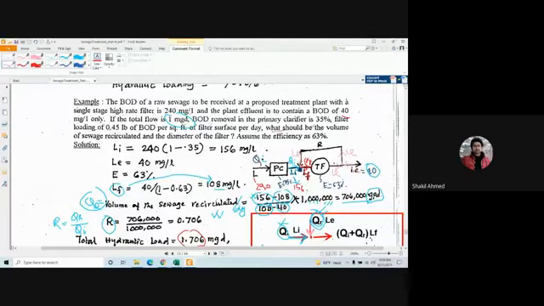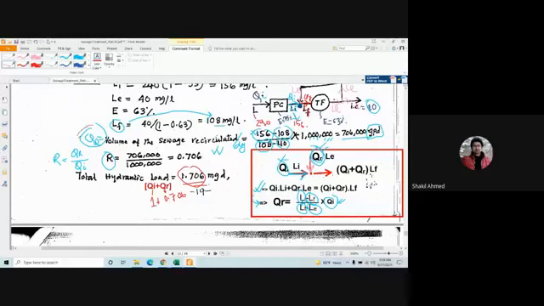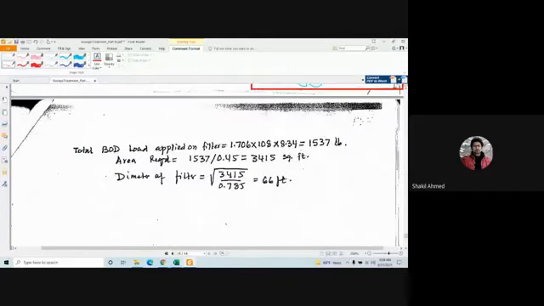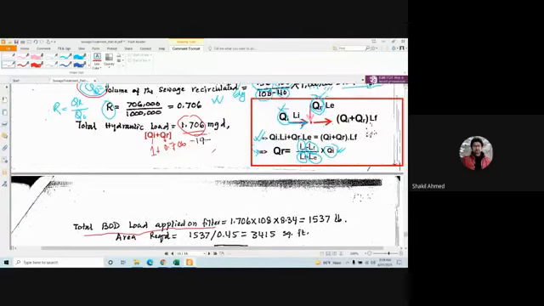What should be the volume of the sewage recirculated? That is the volume of the sewage recirculated per unit day. Per day. And the diameter of the filter. Total BOD load applied on the filter. What is the total BOD load applied on the filter?